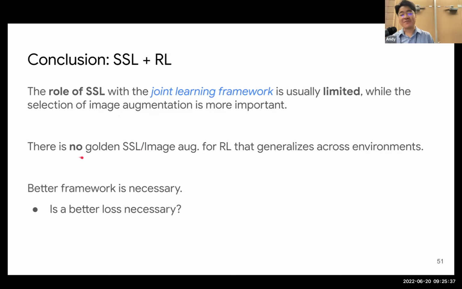We found that there is no golden self-supervised learning or image augmentation for reinforcement learning that generalizes across environments, which is a bit disappointing because we tried to combine self-supervised learning from computer vision and reinforcement learning for robot learning, and it didn't work. A better framework is probably necessary in combining them, not just this joint optimization framework. And whether we need a better loss function or not is an open question from here.